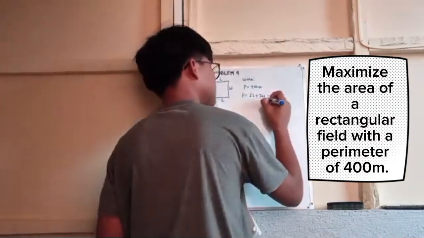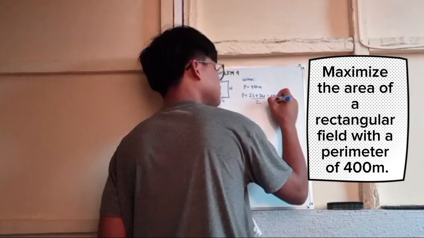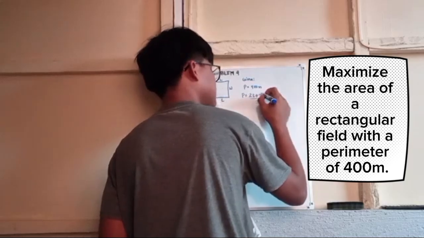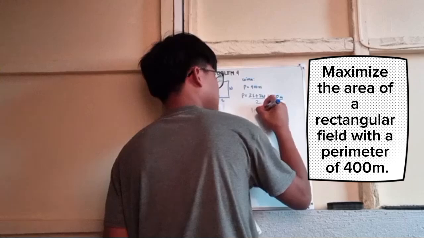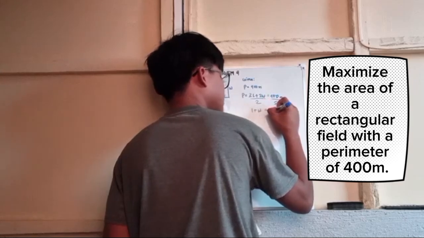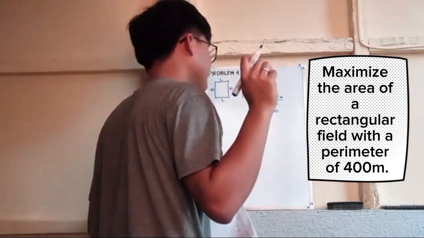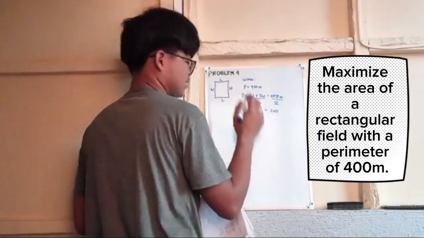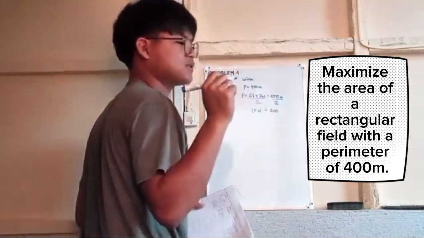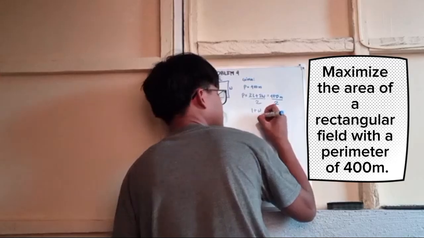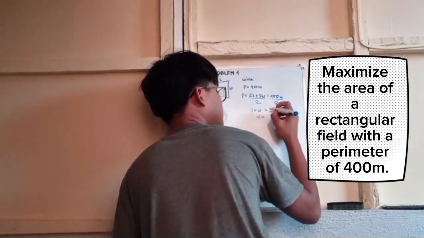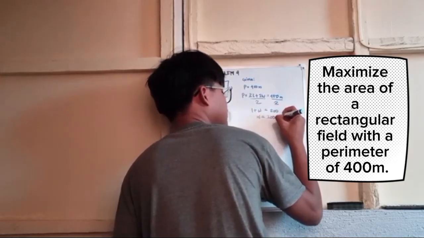So divide both sides by 2. Cancel. So L plus W is equal to 200. Then transpose the L to the other side. We will get W equals 200 minus L.